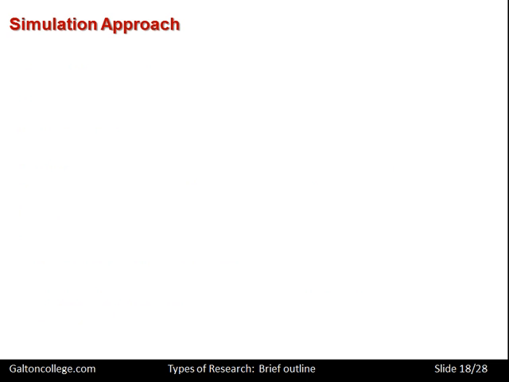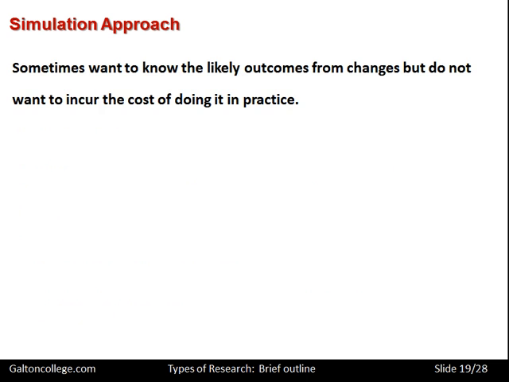There's also what's known as a simulation approach. Sometimes we want to know the likely outcomes from changes, but do not want to incur the cost of doing it in practice. Sometimes we want to try and work out what's likely to happen, but we don't want to go through the cost and all of the problems of doing it in practice. So we simulate it. There's various ways of doing this. We could role play it, for example, or we could have a simulation exercise.